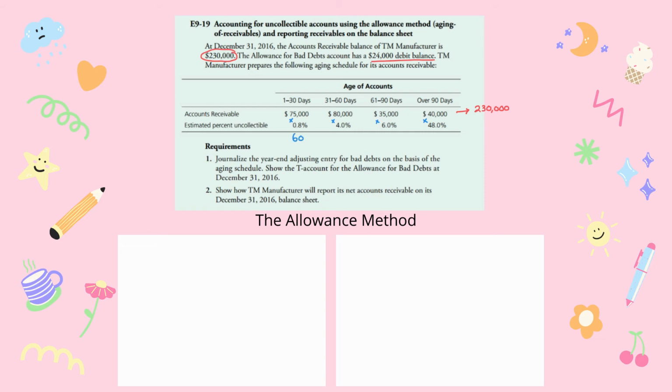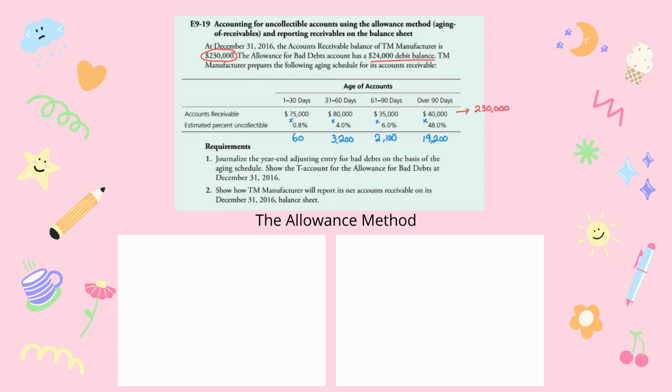Then 80,000 times 4 divided by 100 is 3,200. 35,000 times 6 divided by 100 is 2,100. 40,000 times 48 divided by 100 is going to be 19,200.